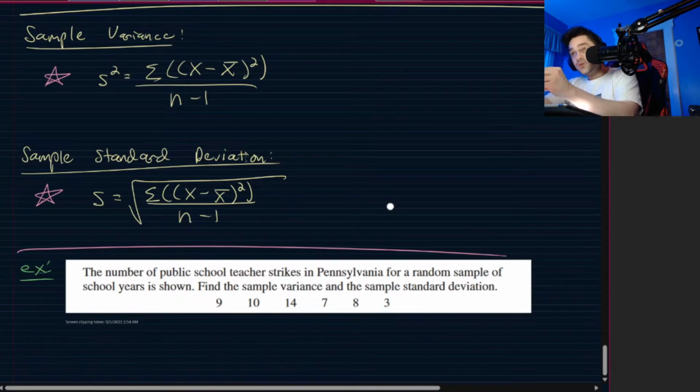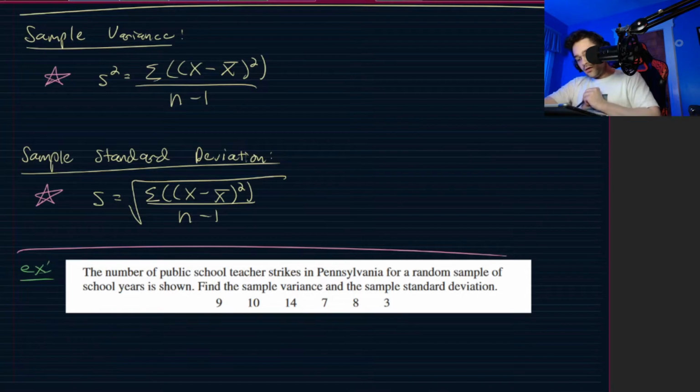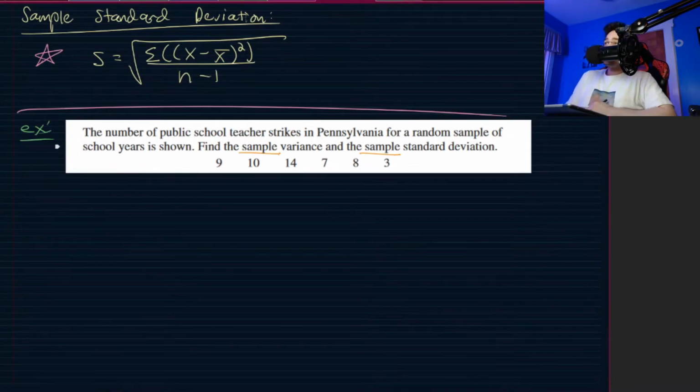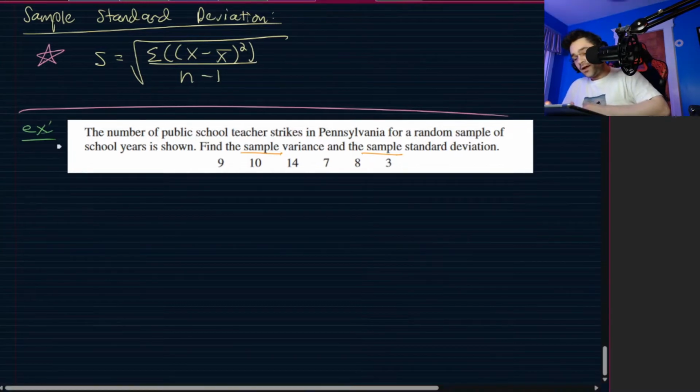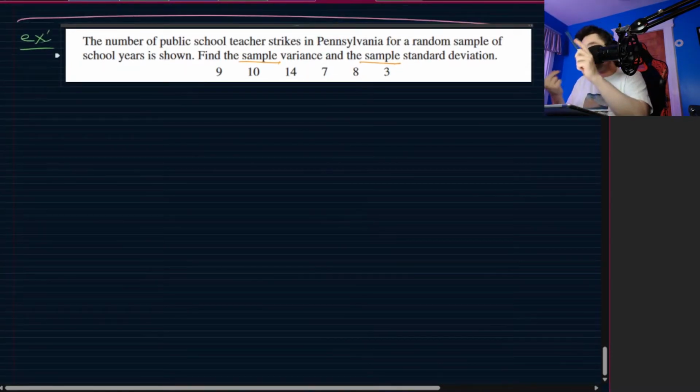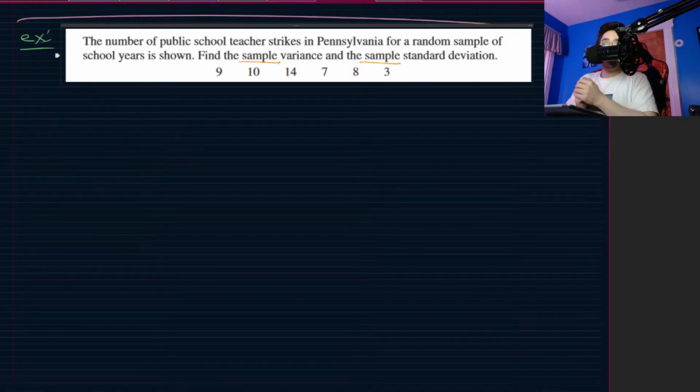The number of public school teacher strikes in Pennsylvania, for a random sample of school years is shown. Find the sample variance and sample standard deviation. So, of course, one very good indicator of whether it's a sample or a population is if it's just straight up telling you. So it's telling us here this is a sample, so we've got to use the sample formulas. And I usually do that in all of my quiz and test questions. I'll just straight out tell you whether it's a population or a sample. I don't want there to be confusion or ambiguity over that.